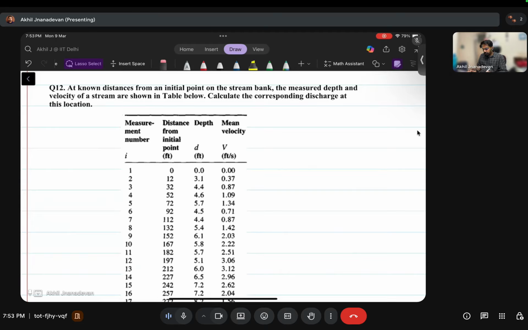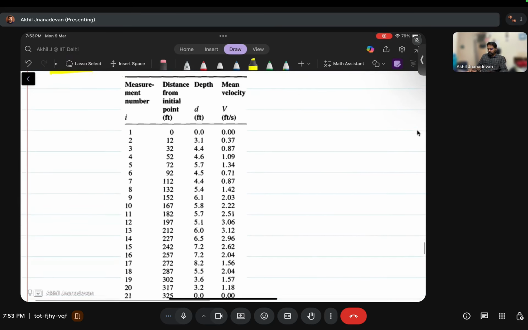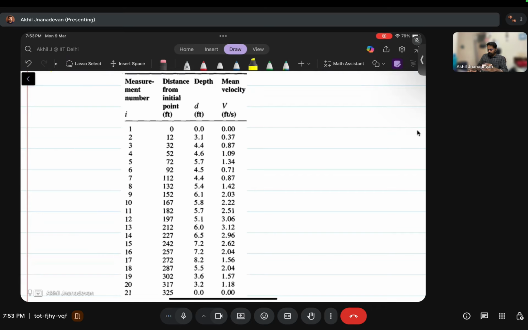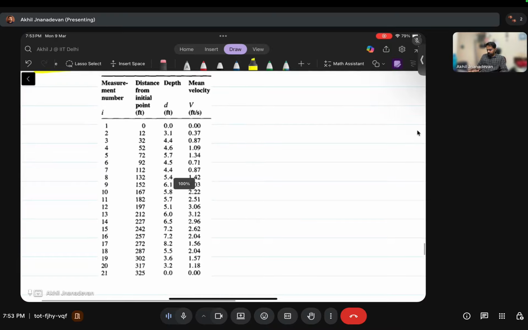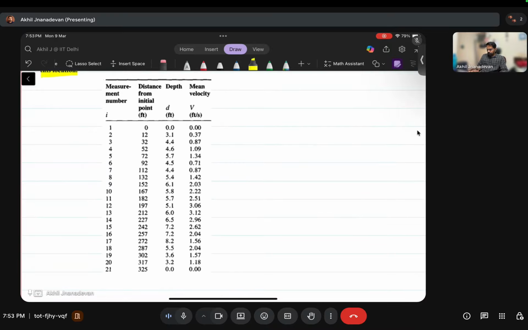So depth and velocity at different points from the stream bank are shown in the table. Calculate the discharge at that location. So we are given the measurement of distance at different locations. The distance we are given from the initial location, the depth and the mean velocity is given, at the bank, what it is at 12 meter, then the depth is 3.1 meter, velocity. So these values are given.